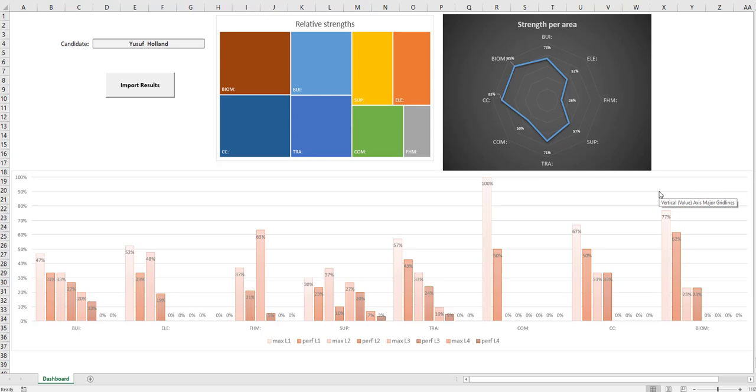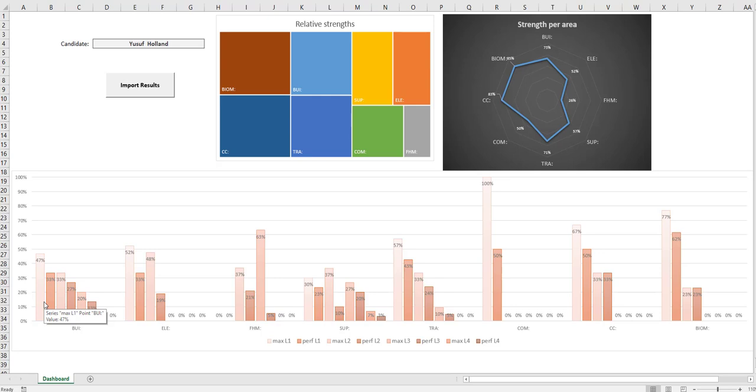Now, in the intake test, we have established different levels of competency. Each question might represent a different level of knowledge, and this is represented in the bottom graph, where we have, for example, the area of construction, building. The light bars are the ideal situation.